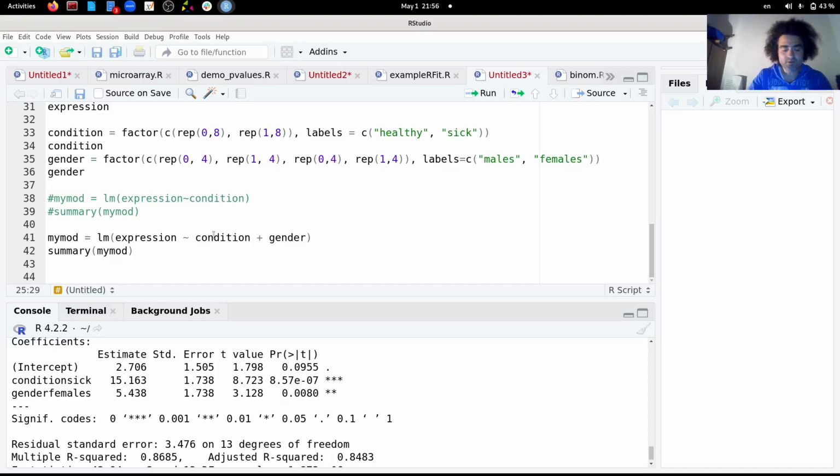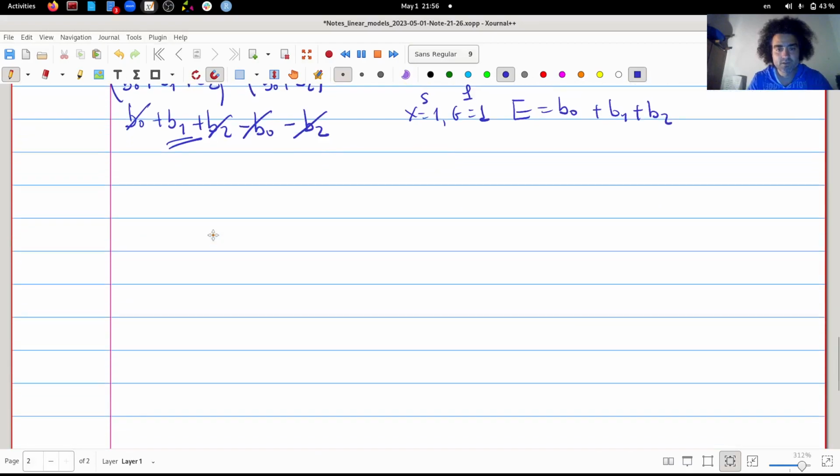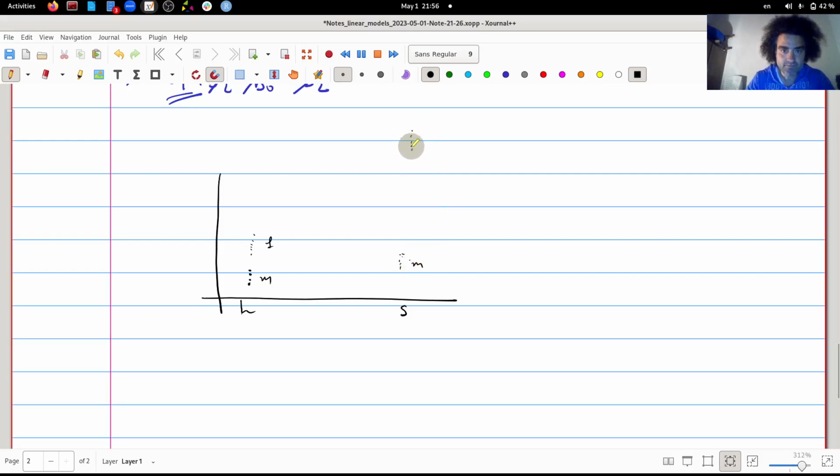So for example, in order to make this a bit more clear, even though it's not so important for the class, now these are the male healthy and these are the female healthy, and these are the male sick, and these are the female sick.